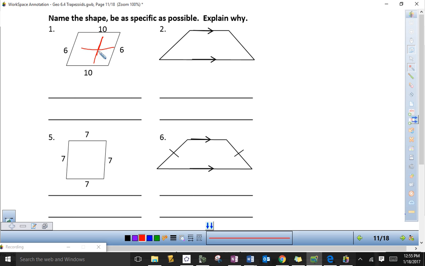If you look below parallelogram on your hierarchy, you'll find a rhombus and a rectangle. A rhombus, all sides have to be the same, so it can't be that. And for a rectangle, we have to know something about the angles, which we don't. So we're going to just say this is a parallelogram, because both pairs of our opposite sides are congruent.